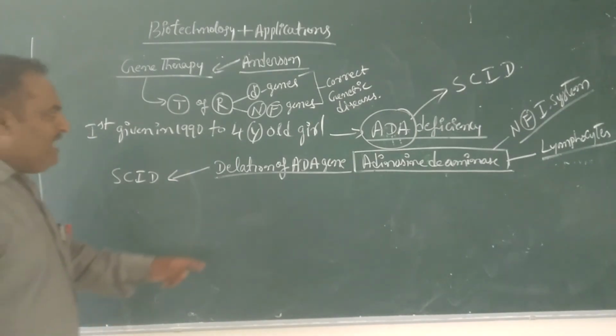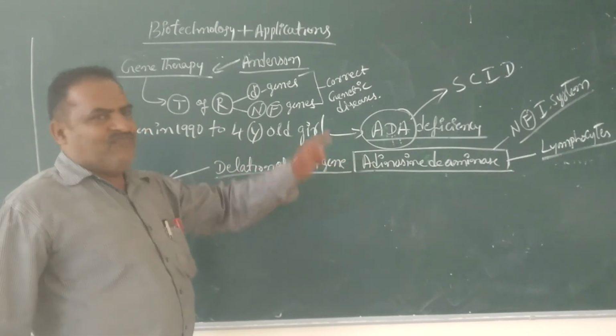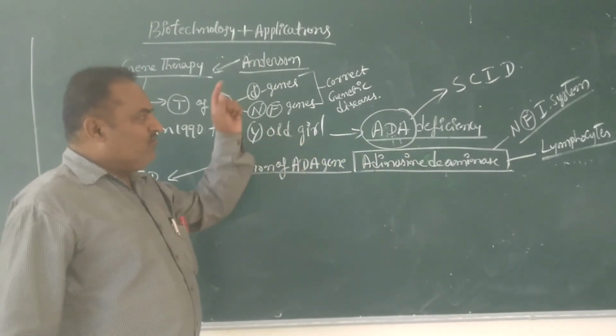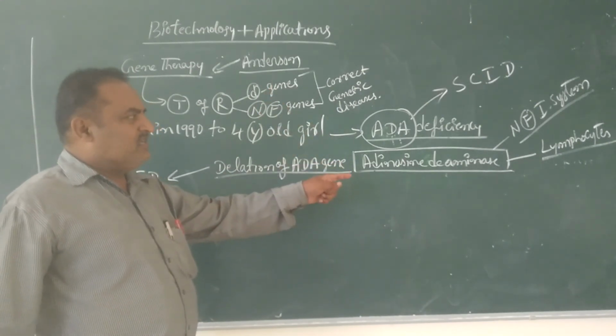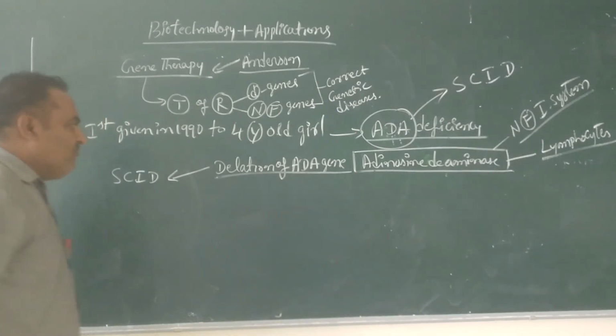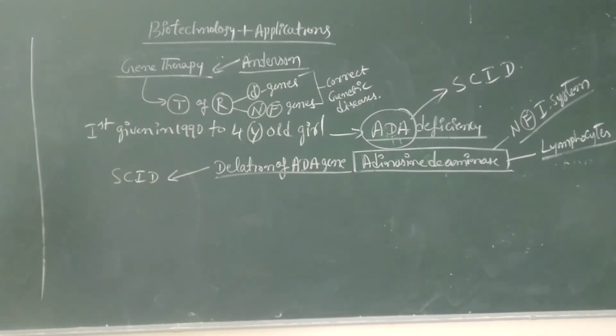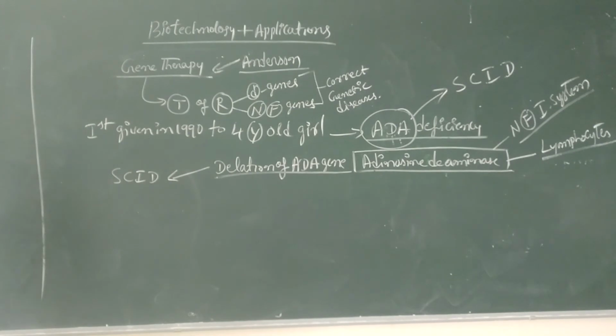That ADA gene is present particularly in lymphocytes, which produce the adenosine deaminase enzyme. That enzyme is necessary for normal functioning of the immune system.